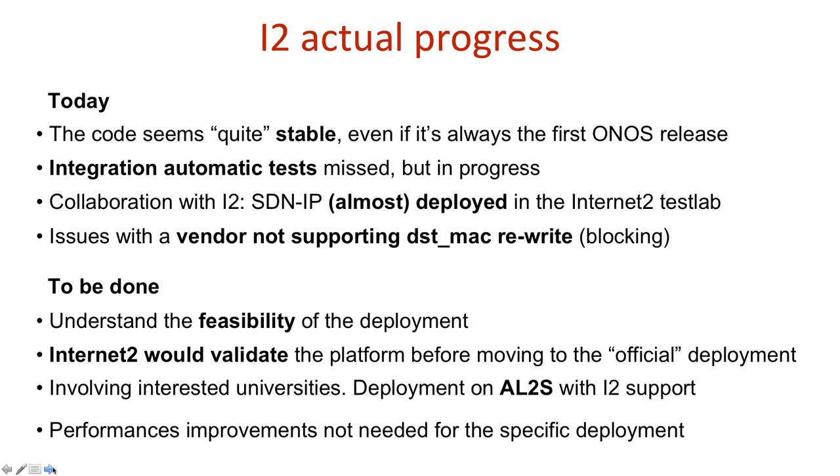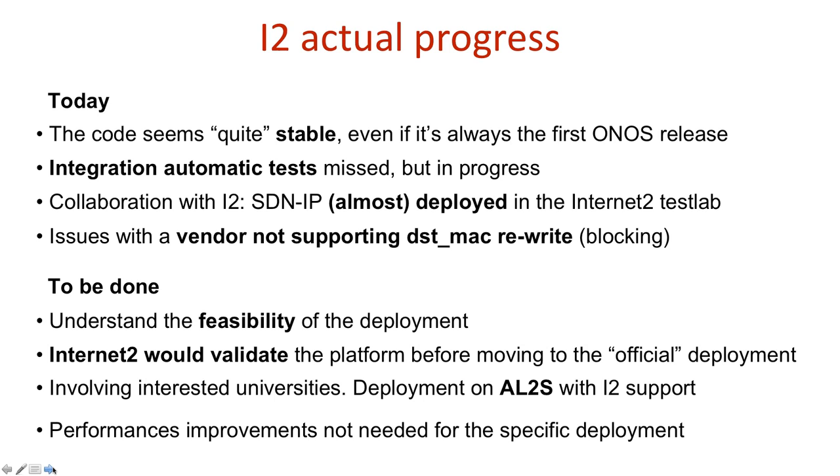We are installing ONOS and all the things we need there. Once we have that, which is almost done, and I'm going to tell you in a minute why almost, they will validate our software, and at that point we will be able to plan the real deployment, which should be quite straightforward.